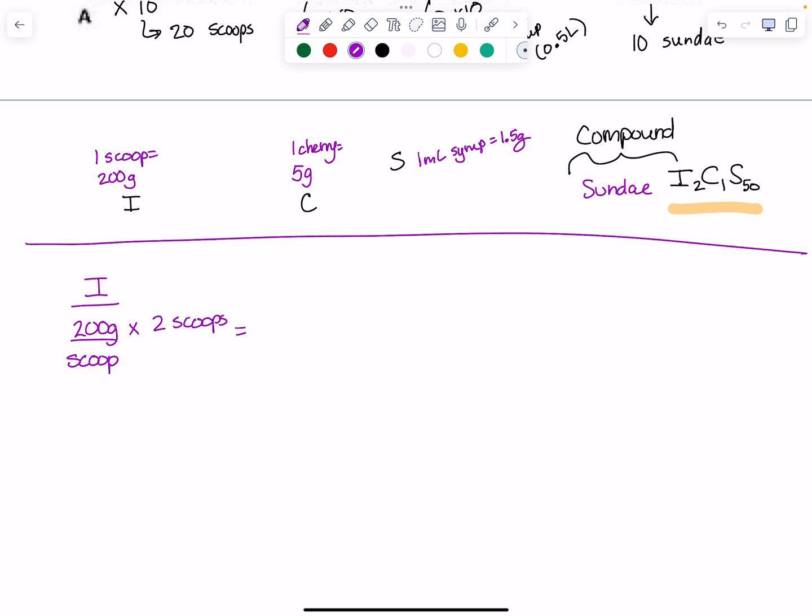So that's going to be 400 grams of ice cream that my compound's going to have. The first thing we're going to do is establish a formula weight. You've already done this. So we've got 400 grams from the ice cream.